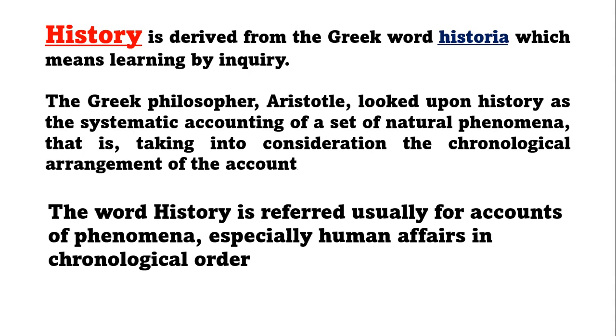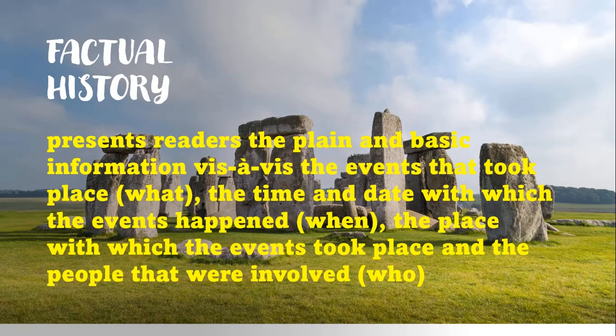So we have two types of history. We have the factual history and the speculative history. So let's discuss first the factual history. Pag sinabi natin factual history, ano nga ba ito?